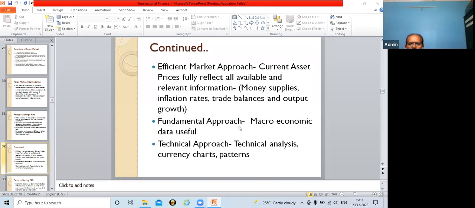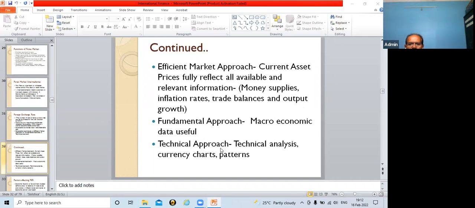So the fundamental approach is based on very fundamental things. The technical approach, we can say, is based on some tools and techniques. Modern techniques are there. Mostly with the help of computers and information technology, the analysis is done through the technical approach.